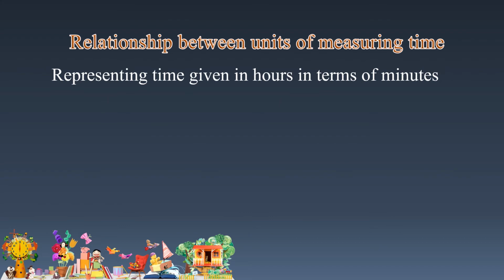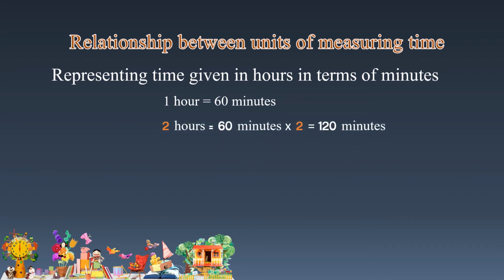Next, we are going to discuss representing time given in hours in terms of minutes. So we know that 1 hour means 60 minutes. Therefore, we can say 2 hours means 60 minutes multiplied by 2, that is 120 minutes.